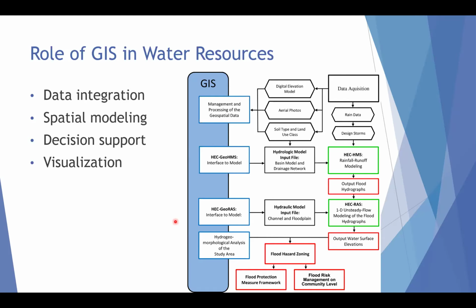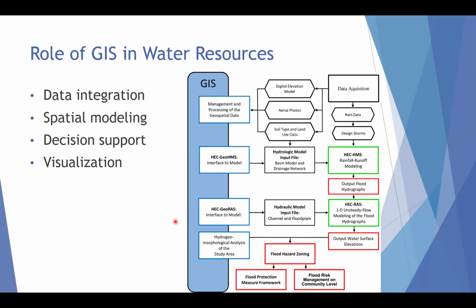If you have heavy rainfall over this entire basin, then I have to start my evacuation. Which area is to be evacuated first? Which area is likely to flood first? And where do I have to take them, which is a safe region? Those types of decisions I have to make. So GIS can be used as a decision support tool.